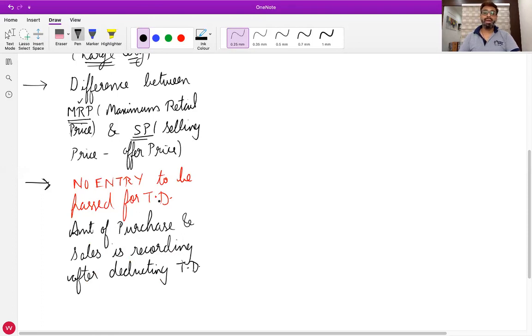No entry is to be passed for trade discount because we never wanted to charge MRP. MRP was just to give a psychological satisfaction to the consumers that they are actually getting the product at a lesser price. So our monetary cost is not at all involved over here. No entry is to be passed for trade discount. Amount of purchase and sales is recorded after deducting trade discount. Did all of you understand this?